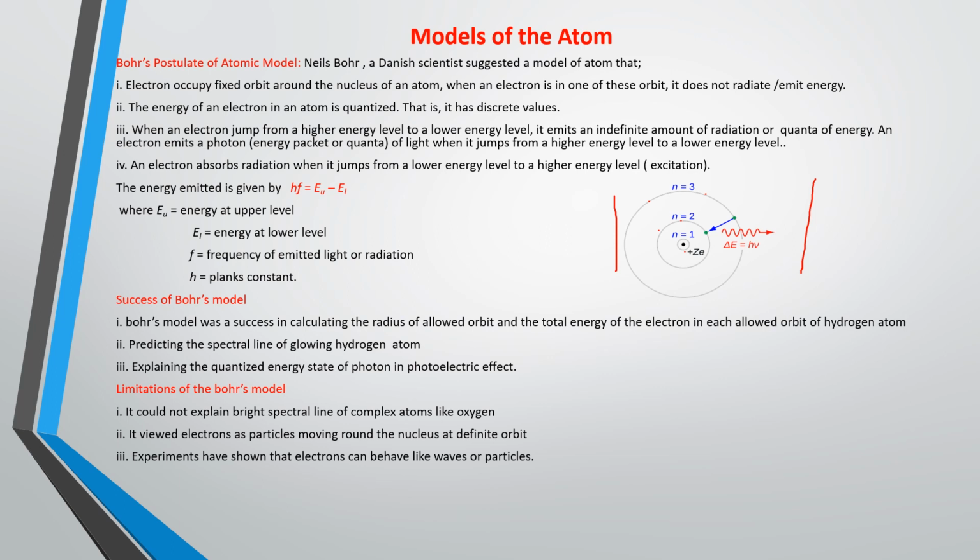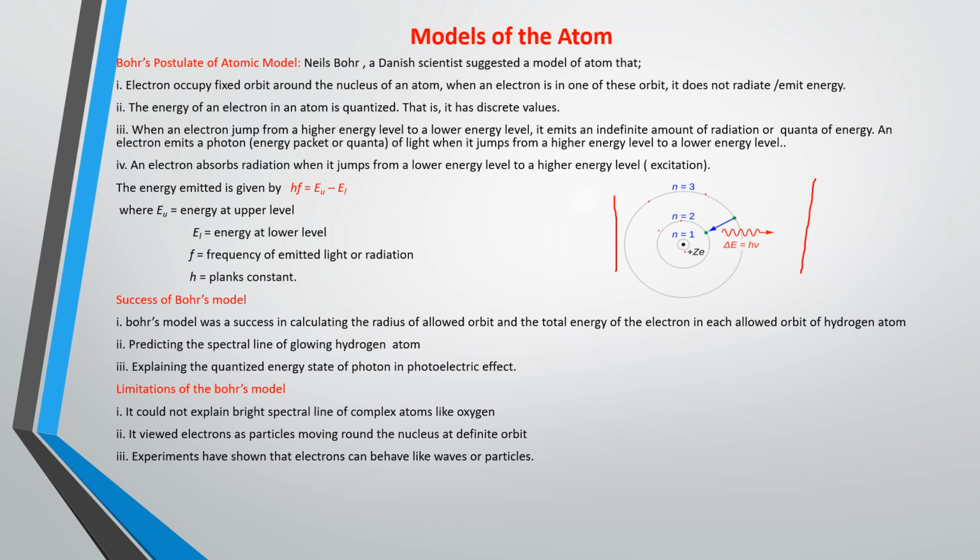He also states that the energy of an electron in an atom is quantized, that is, it has discrete values. So the energy of an electron in an atom has a discrete value, and it is quantized. In fact, it is from Bohr's model of the atom that we have energy quantization. He was the first person that mentioned the quantum of energy.